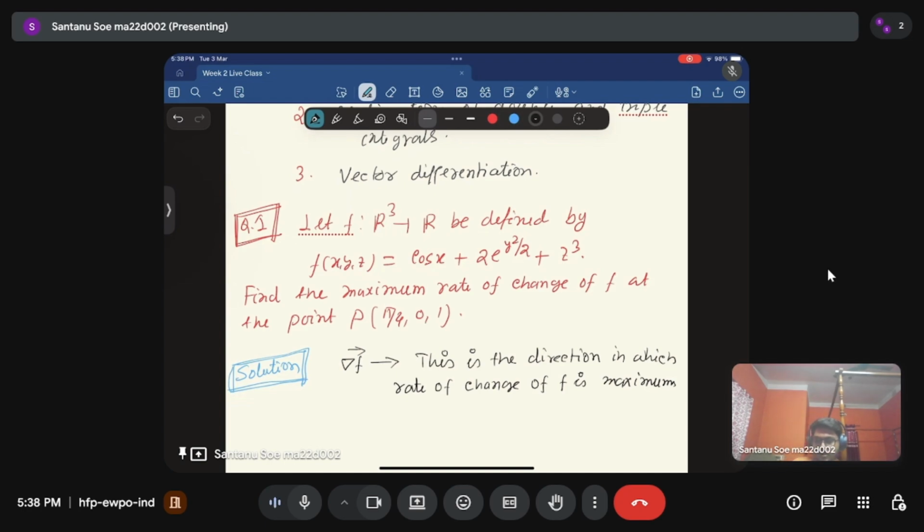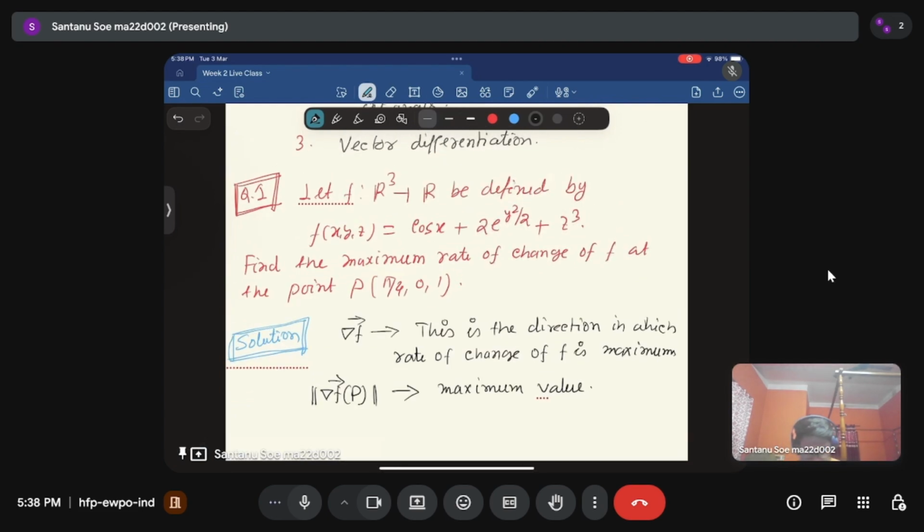And for minimum rate of change, it will be just negative of gradient of f. And the corresponding maximum value is just the norm of gradient of f at p. So this is the maximum value.